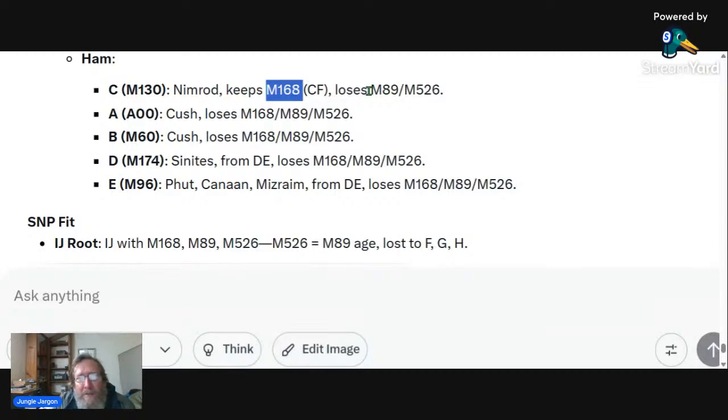And he loses the M89 unique to Aram and Lud, and he lost his Cush, or somebody lost the M89 of Lud, and they lost the M256 of IJK.